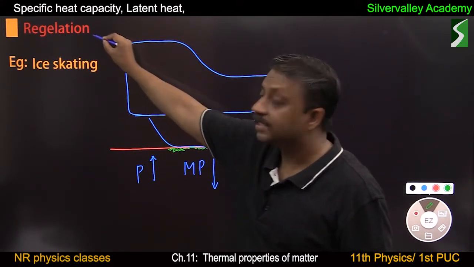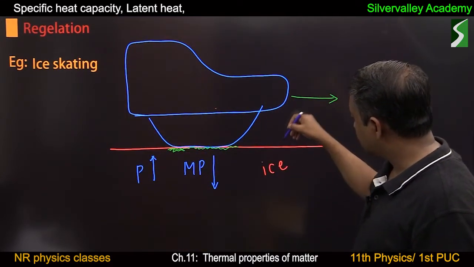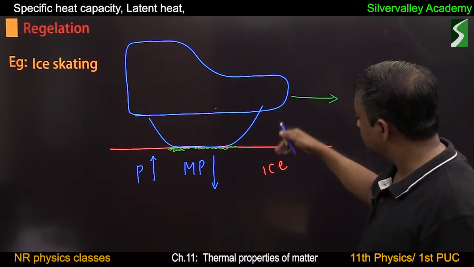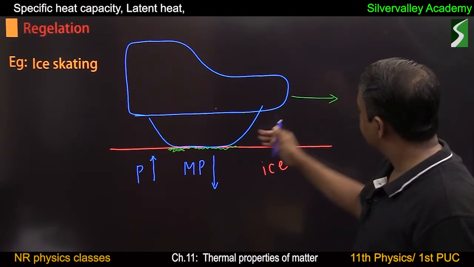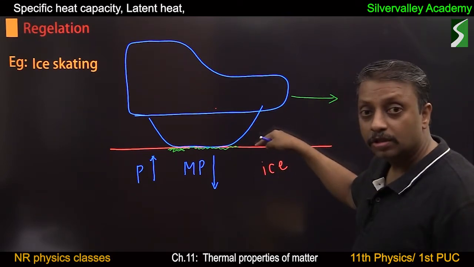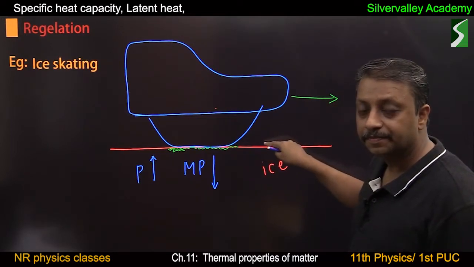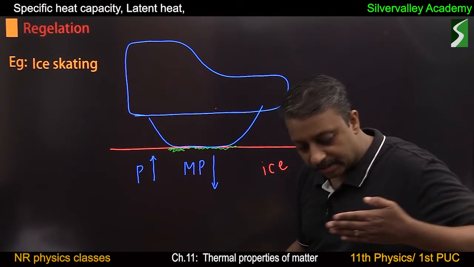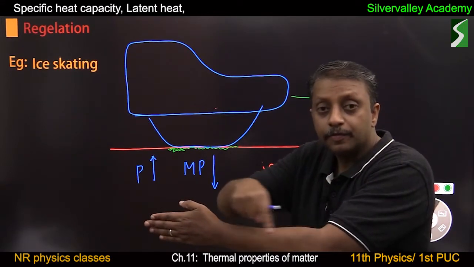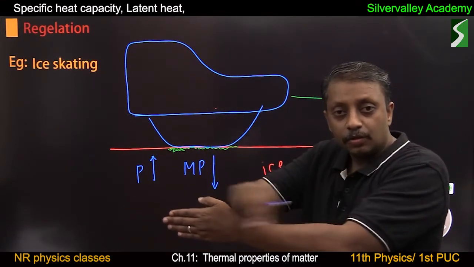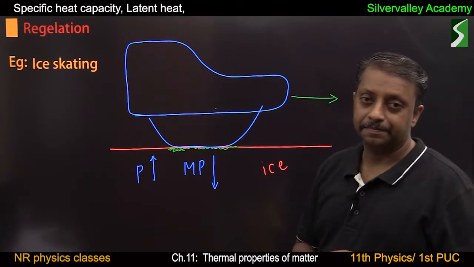That refreezing is regelation. He is going further. Again, pressure at this region increases, melting point decreases, ice becomes water. He will be skating. That water is again in contact with ice. That again refreezes. So when the skater is moving, he leaves behind a trail of water, and that water again refreezes. And this is regelation.